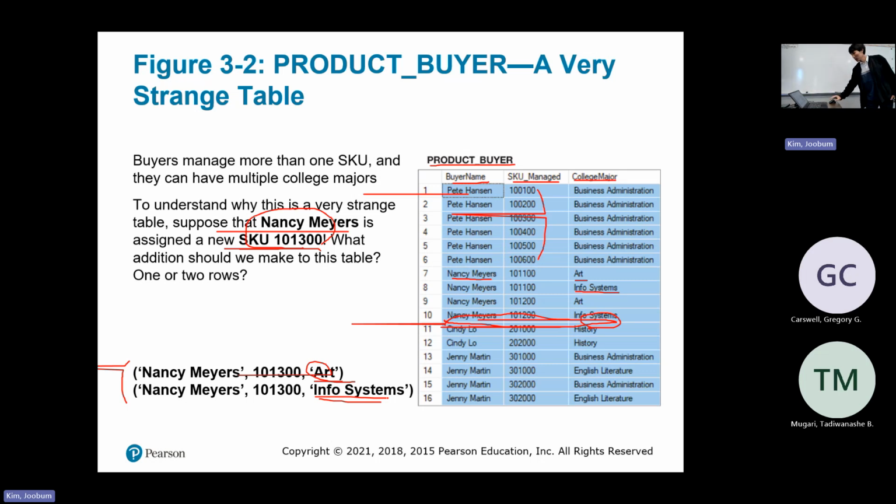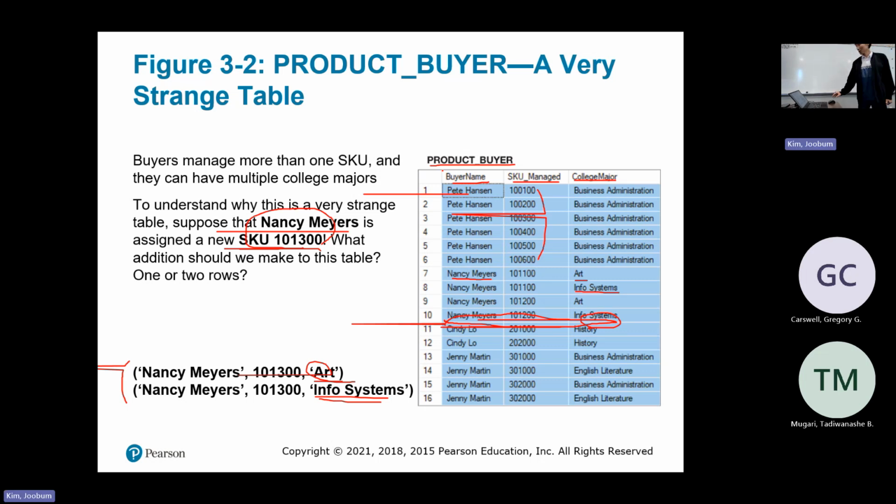Just one input, but actually in the table two rows have to be inserted. In this case we have just 16 lines, but assume that we have 1 million lines. Then actually 2 million rows would have to be inserted into the table. So it doesn't make sense. You can say that this table is not well designed.